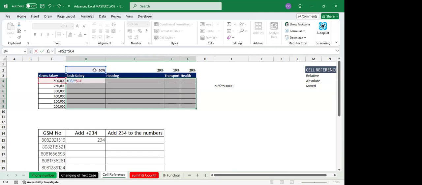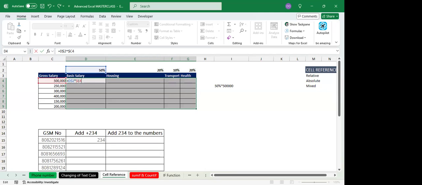So I cannot lock this 50% in terms of the column. But that 50%, I want to lock it in terms of row. That is, this particular cell must not come to this place, must not come here. It must remain on 50%. That is what I have in this first locking.